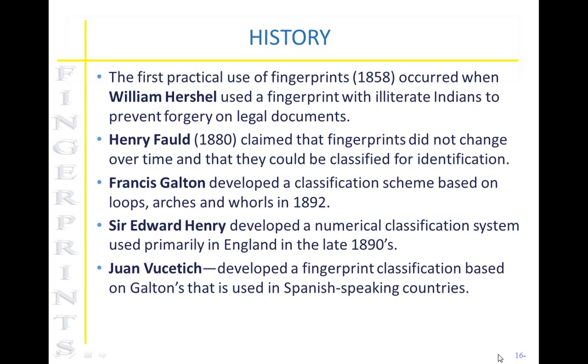So around 1892, Francis Galton developed a classification system that was based on loops, arches, and whorls. Sir Edward Henry also developed a classification system. However, this was developed on a numerical basis and was used primarily in England.